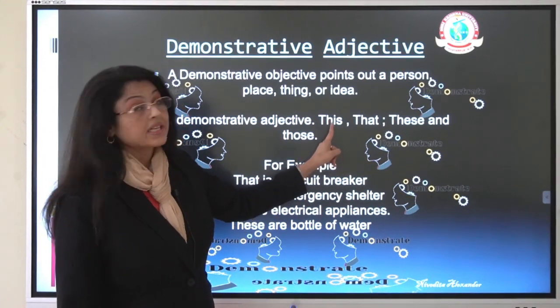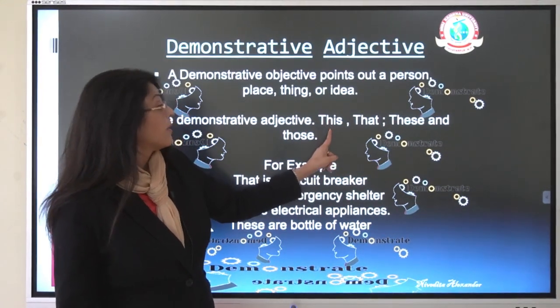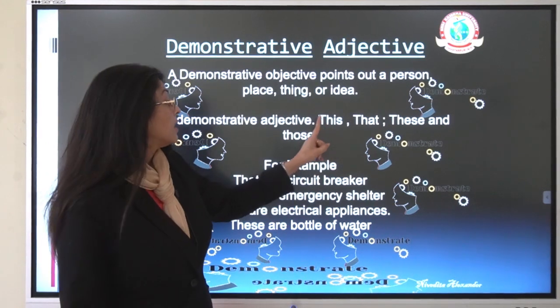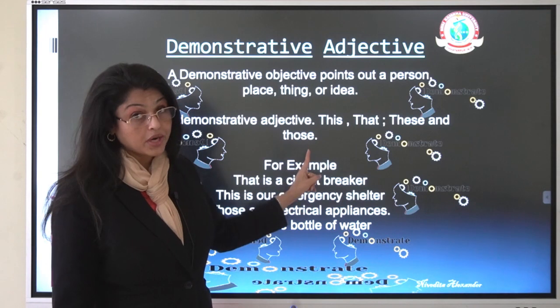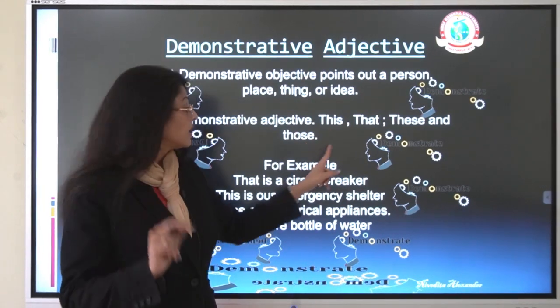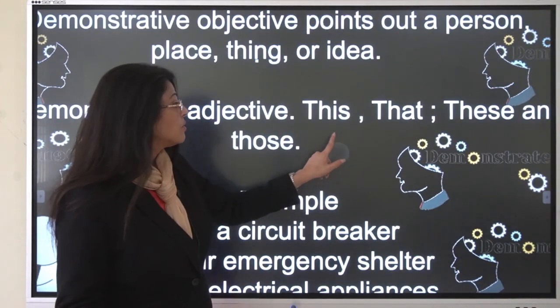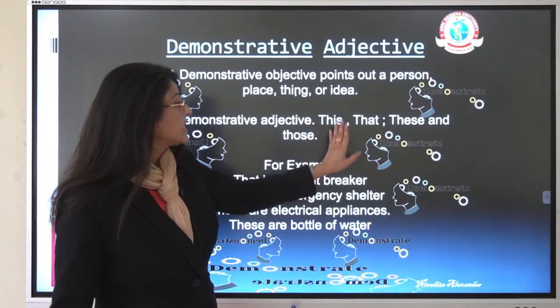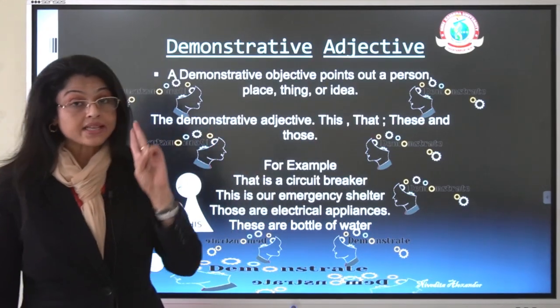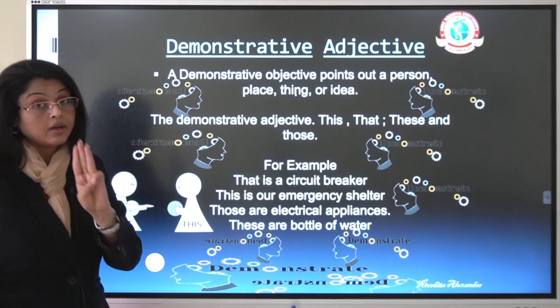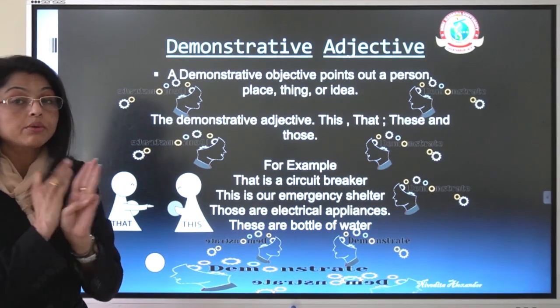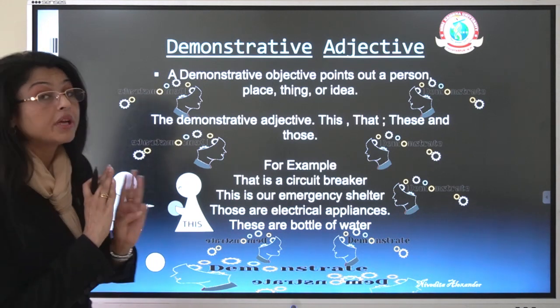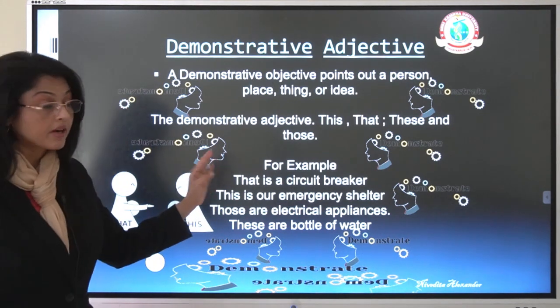It can also work as a pronoun, demonstrative pronouns, demonstrative nouns, demonstrative adjectives. So one word can be used as an adjective, as a pronoun, as a noun. Since you know the difference between all three, you can figure out how they are being used. Clear? They have multiple functions.